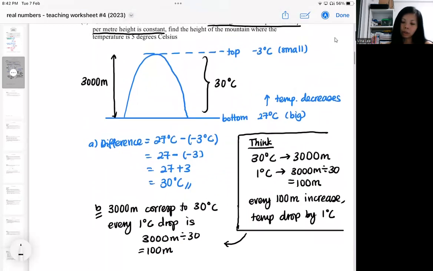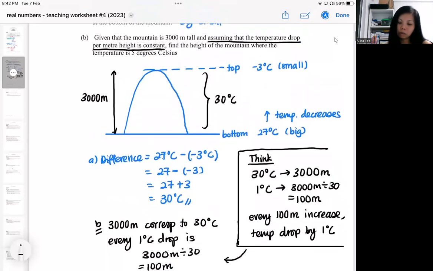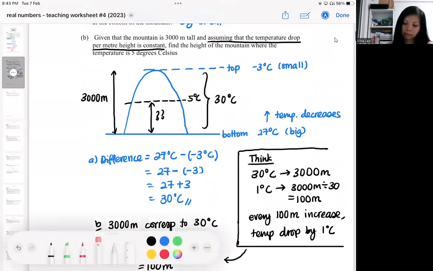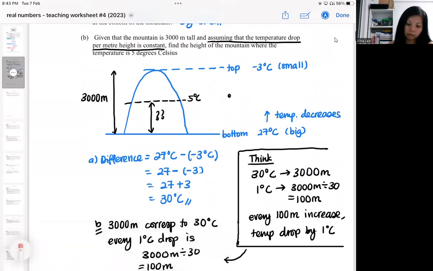Okay, then what is the question asking? We want to know the height when the temperature is 5 degrees. Okay, so let's observe. From the bottom, it was this.